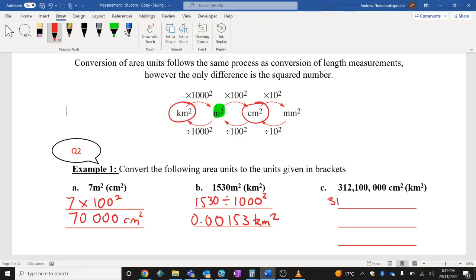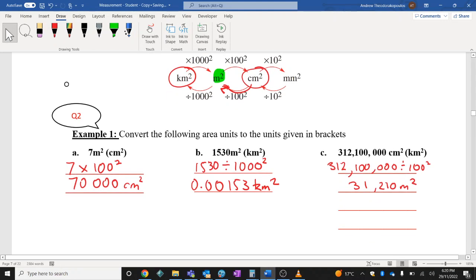So 312,100,000 divided by 100 squared, because first we want to go to meters squared. And that gives you an answer of 31,210 meters squared. Now we need to go one more time and divide by 1,000 squared.